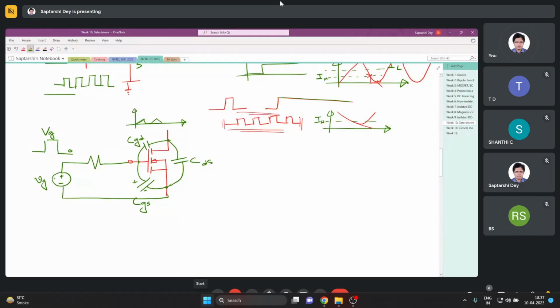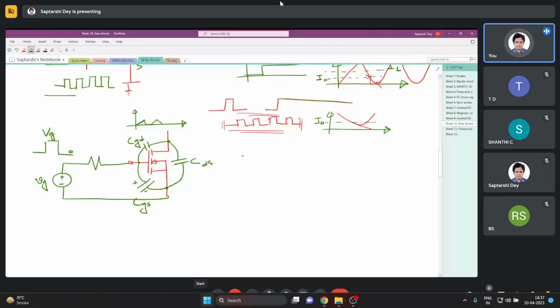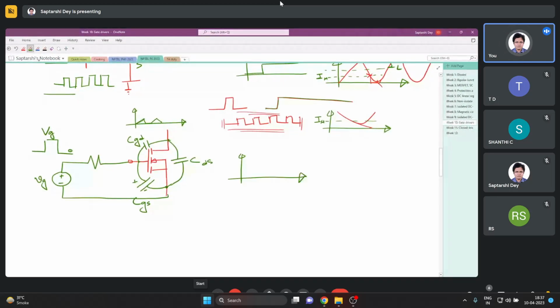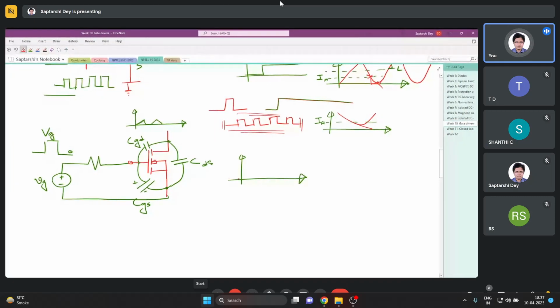You have to keep it high, because if you make it zero, then this will start discharging and the switch will gradually go towards the off state. So the current is exactly like a capacitor. If you give a step voltage to a capacitor, the current looks like this.